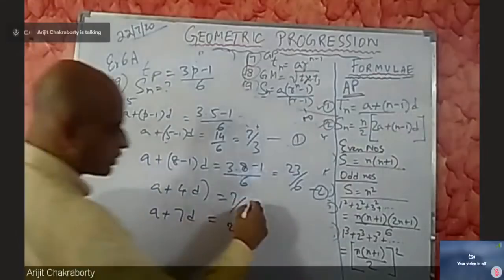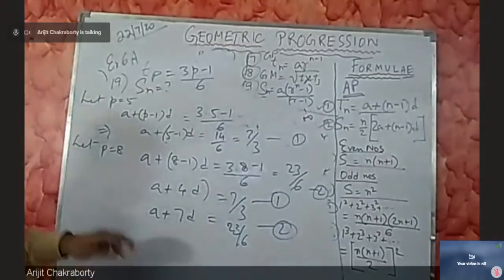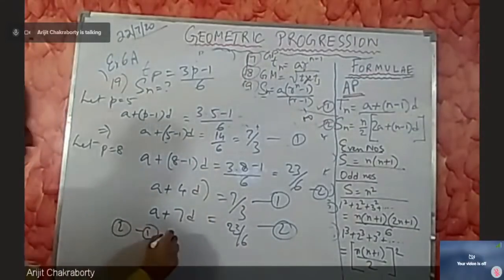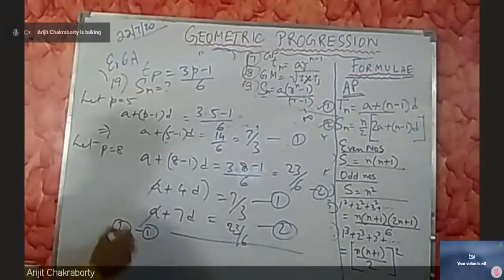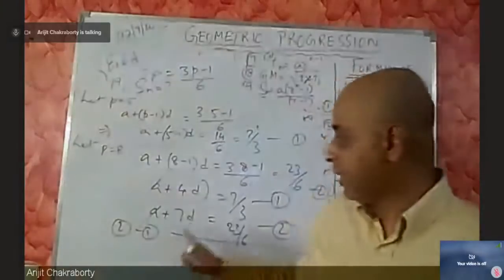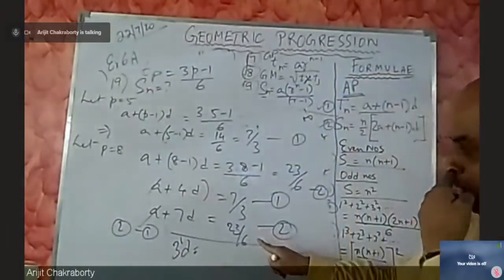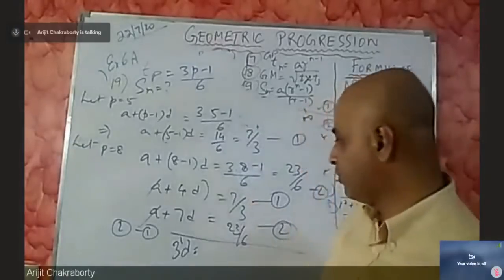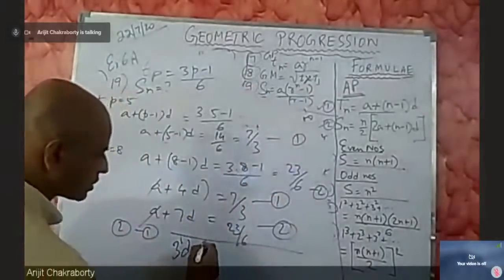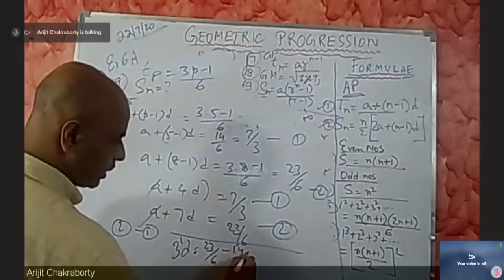So, if this is 1 and this is 2, and I do 2 minus 1, I will get what? A and A cancels out. 7d minus 4d is how much? 3d. 3d is equal to 23 by 6 minus 7 by 3, that is minus 14 by 6.